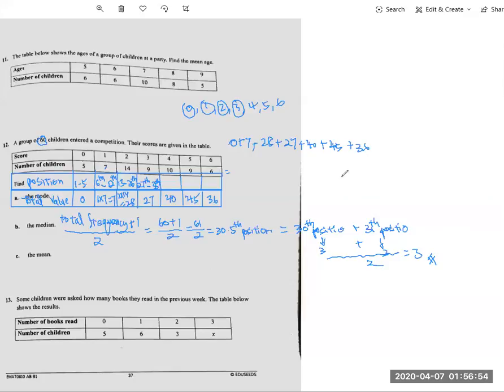You get it? Now, this group added together give you 35. This group added together give you 67. This group added together give you 81. 45 plus 36 is 81.